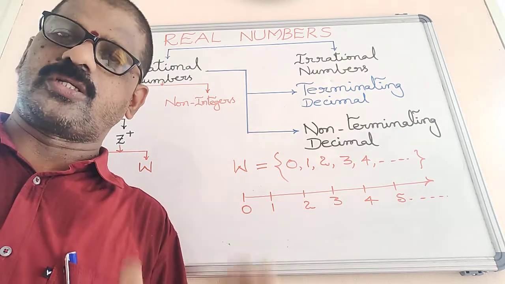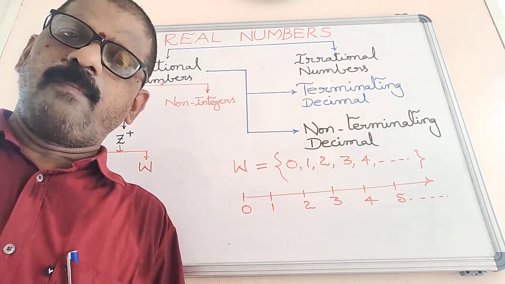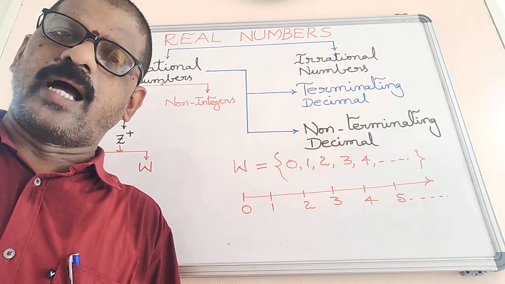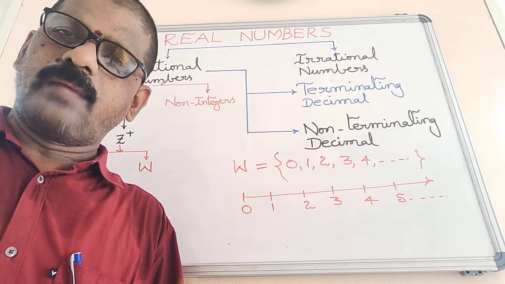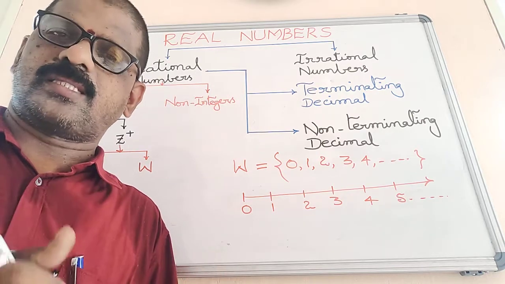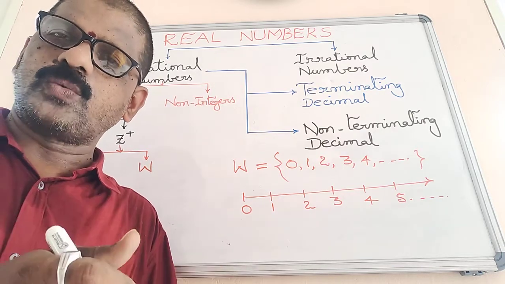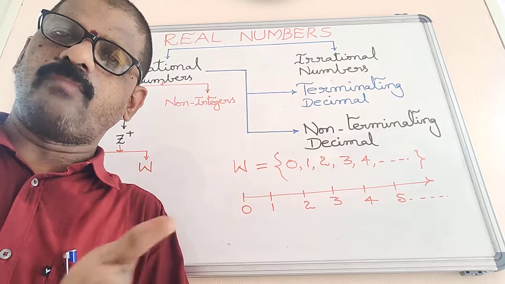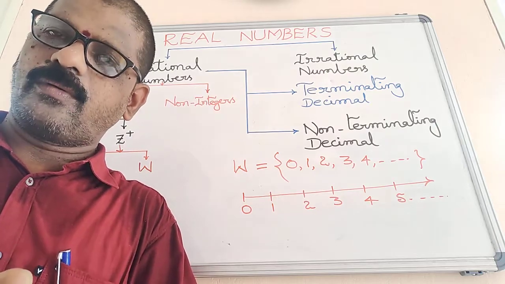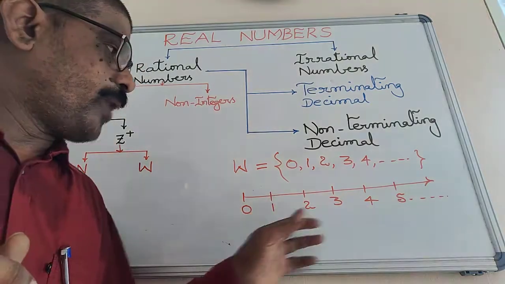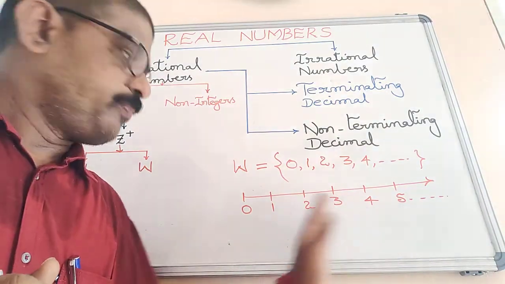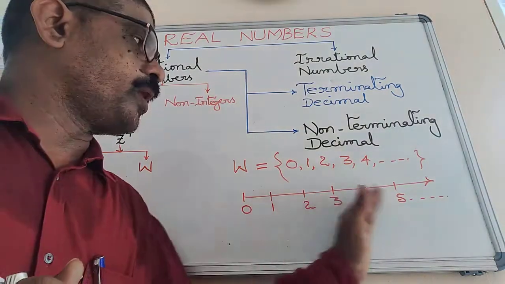These are positive. In the same way, before writing the numbers, the sign is minus. That means minus 1, minus 2, minus 3, minus 4, minus 5. Now we have to observe the whole numbers 0, 1, 2, 3, 4.